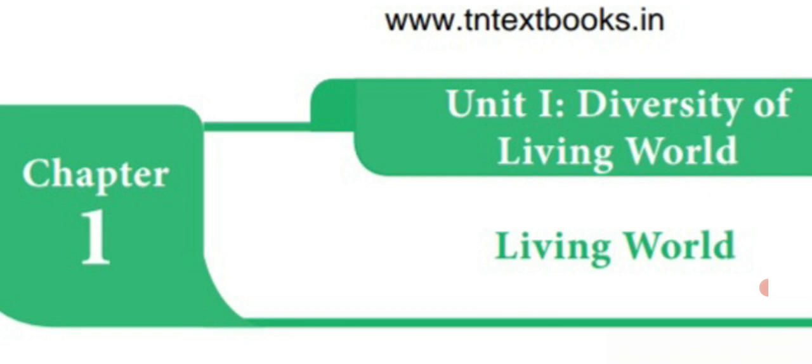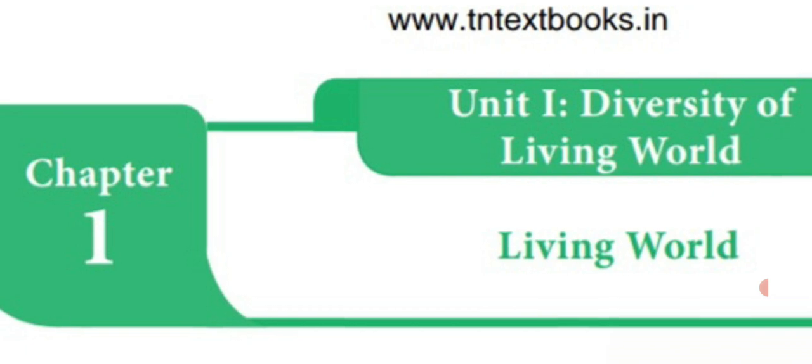One is the plant, another one is the animal. In animals, human beings are also included. So out of these two broad categories, in this unit, we are going to see the living thing, that is plant.